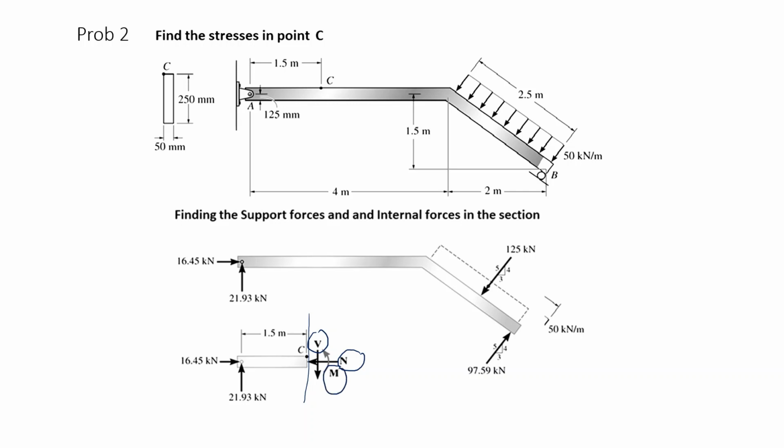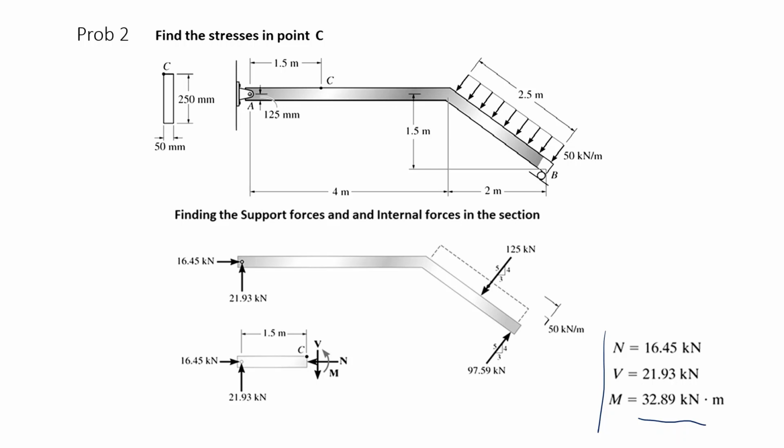Using this free body diagram, you can calculate the normal, shear, and the bending. Doing this, you find that the normal force is 16, shear is 21, and the moment is 32 kilonewton meter.